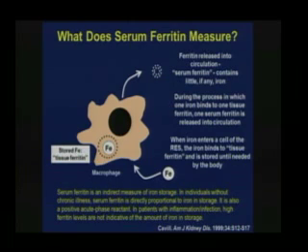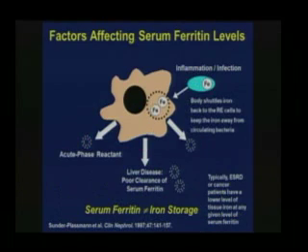So serum ferritin is an indirect measure of iron storage. In patients without chronic illness, serum ferritin is directly proportional to the iron in storage cells. But it is also a positive acute phase reactant. So in patients with inflammation or infection, high ferritin levels may not be completely indicative of iron storage.